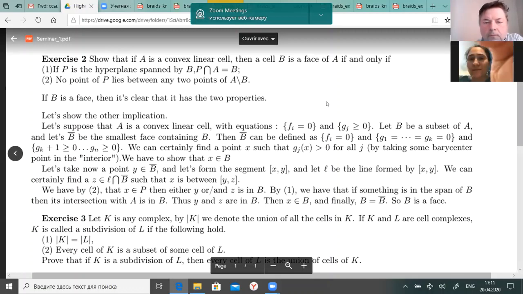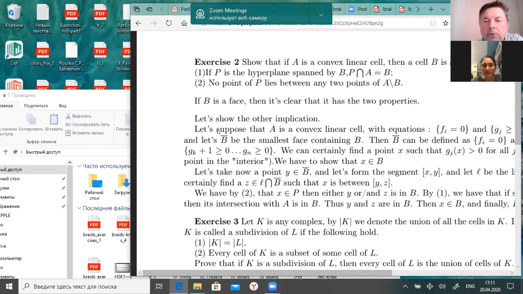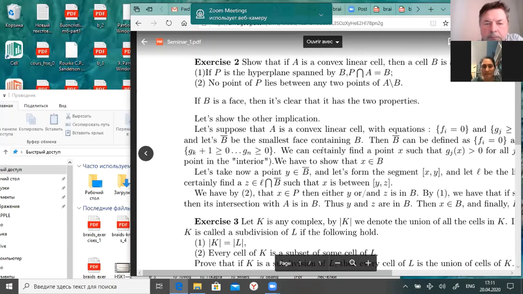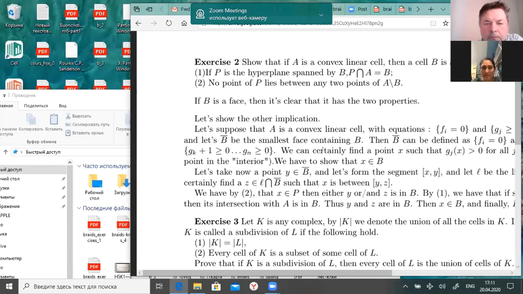It's from the course. Then we can take a subset B in A, and take the smallest face where B is included. You denote the smallest face by B bar, right?